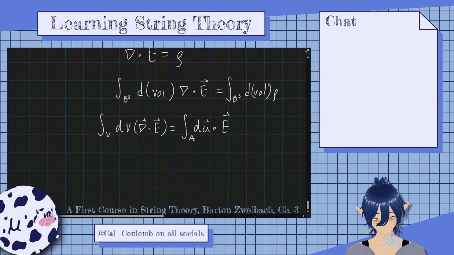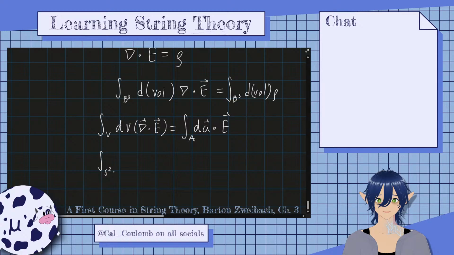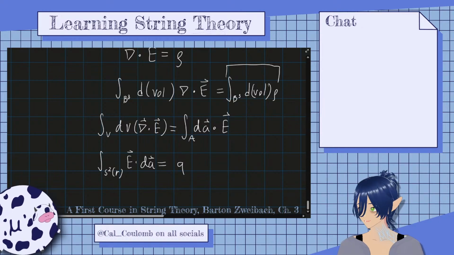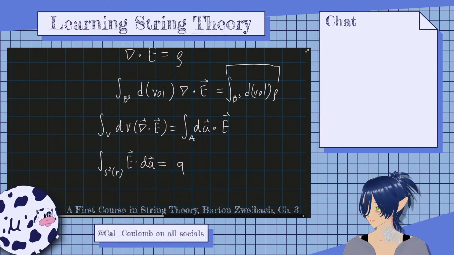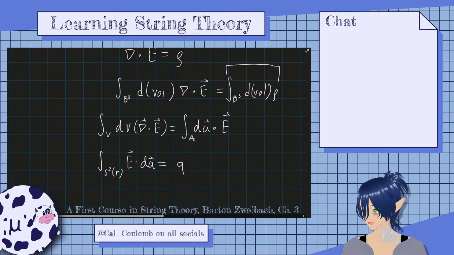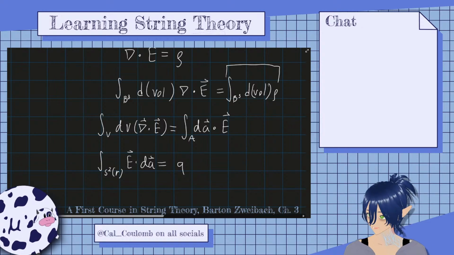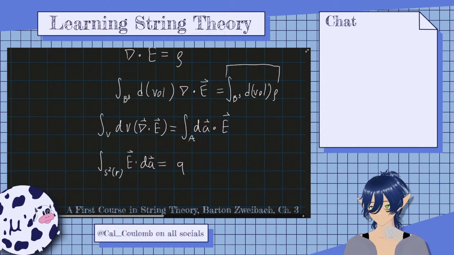So in this case we have the integral over the two sphere of radius R of E dot dA is equal to the charge Q, because we're just taking this charge density and integrating over the entire volume. Basically it's just taking all of the charge and adding it together. It's a little bit more complicated, but that's the gist of it. Conceptually, you're just taking all the charge enclosed by the sphere and adding it together.